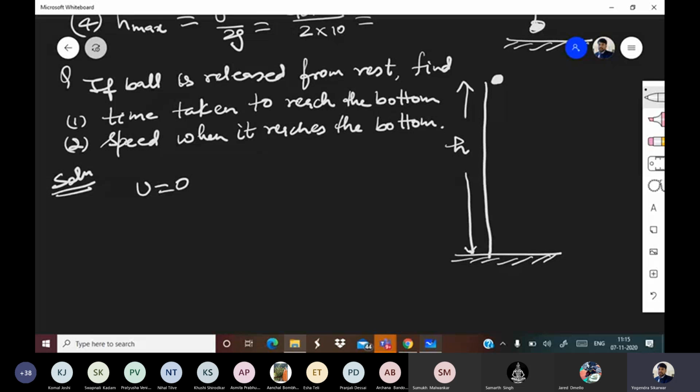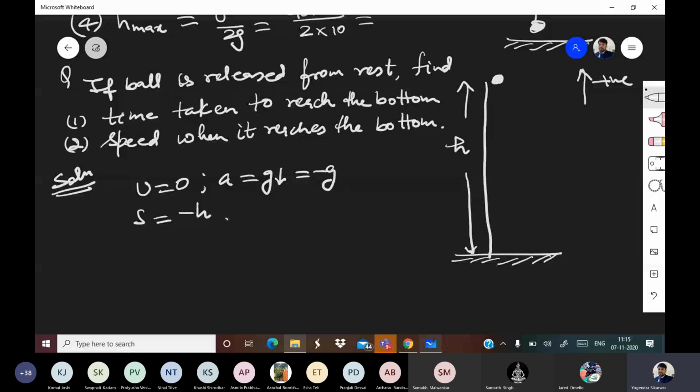So A, which is G downward, will be minus G. Displacement S, which is downward, will be minus H. T is equal to question mark. V is equal to question mark.